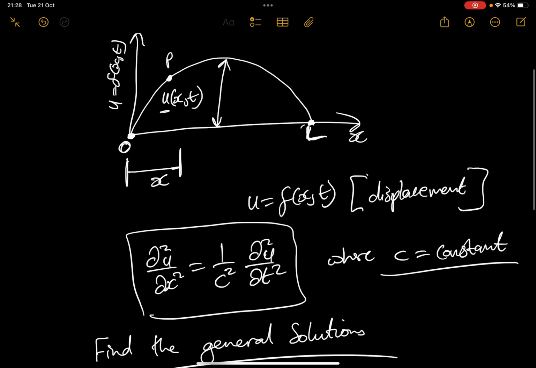So here m equals plus or minus root mu, and also here m equals plus or minus c root mu.